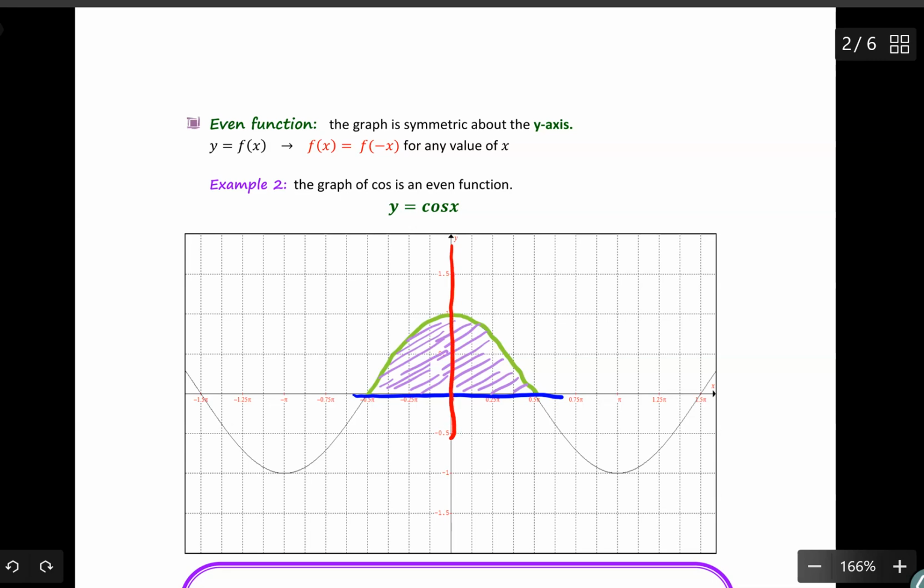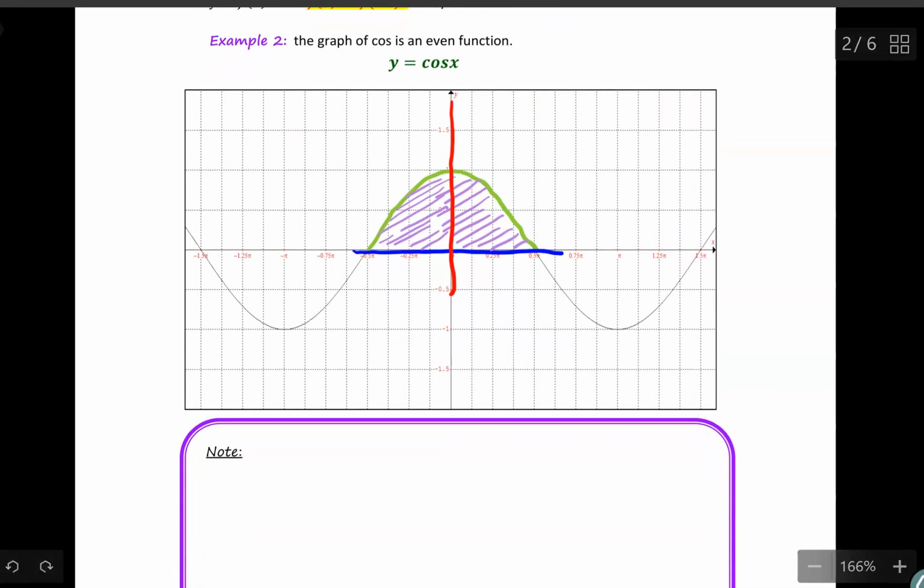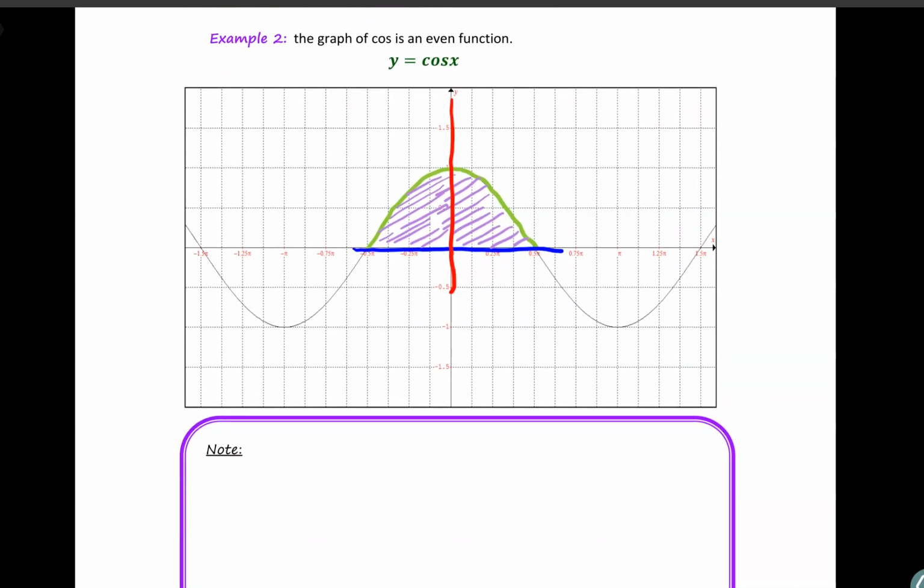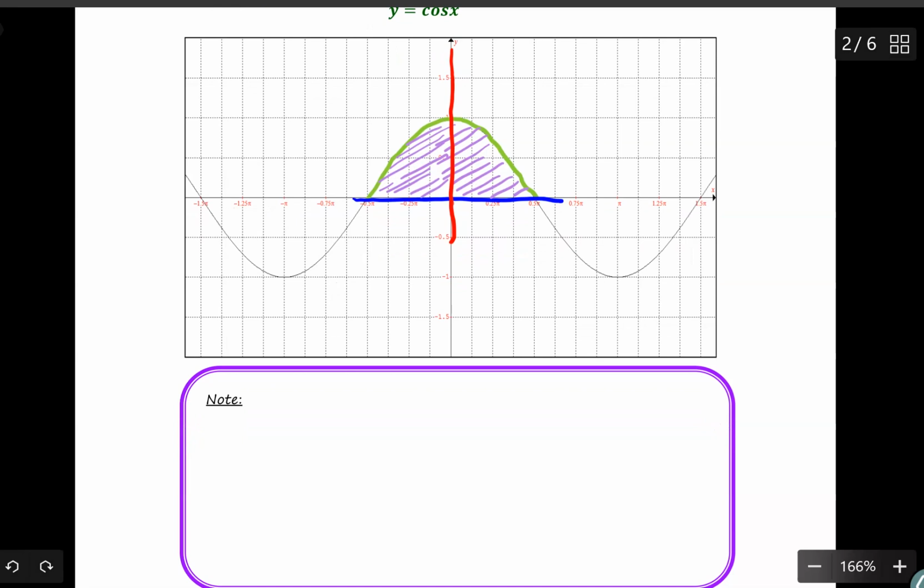Okay, let's prove that, because the definition for this says f(x) equals f of negative x. I will pick a certain value of x again and evaluate the function y equals cos of x. I will pick the value of negative 0.25 pi, so I pick this value right here and project it up here.